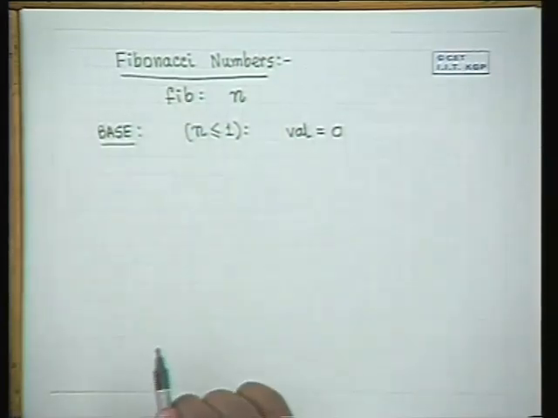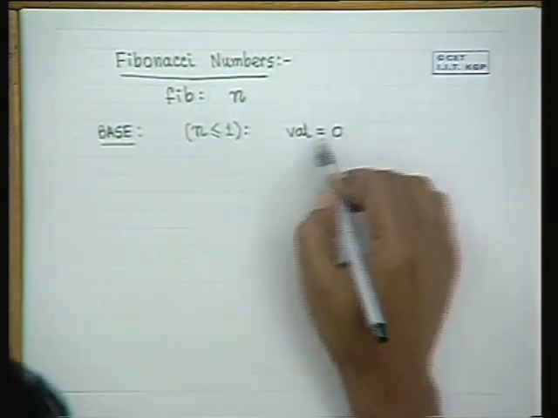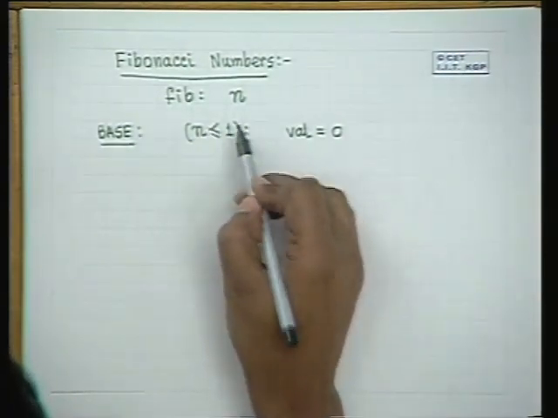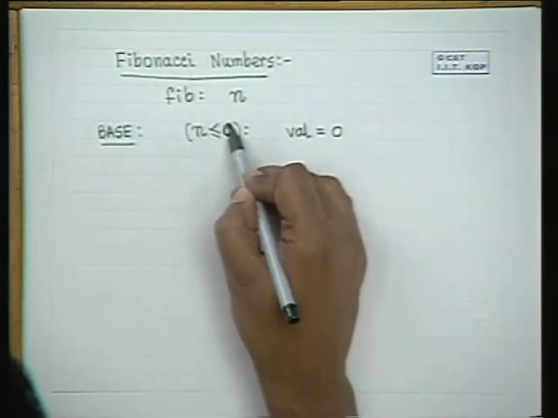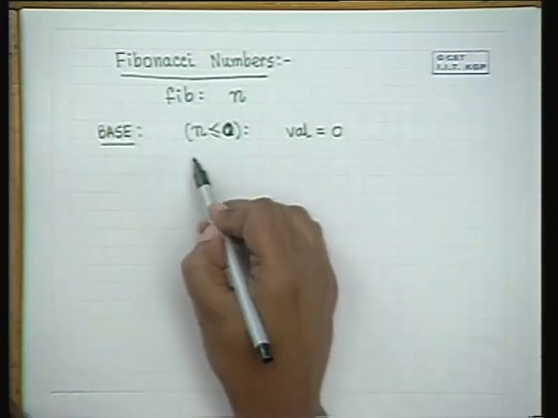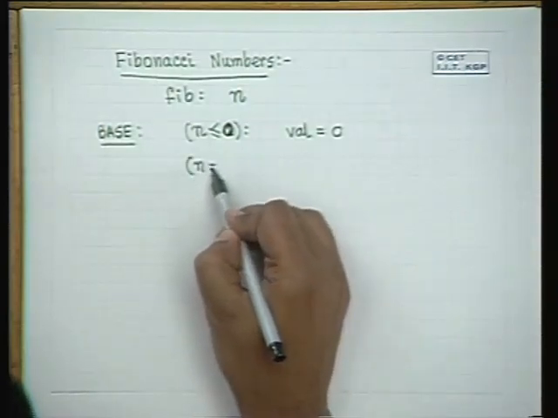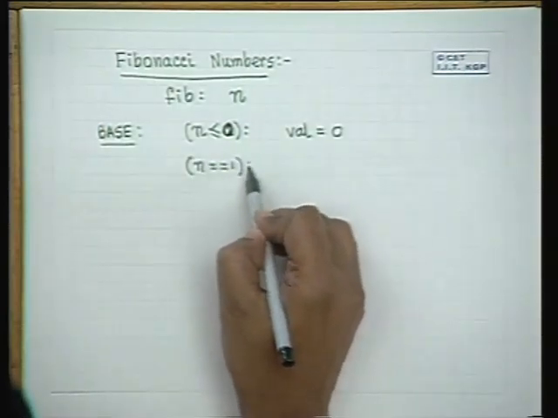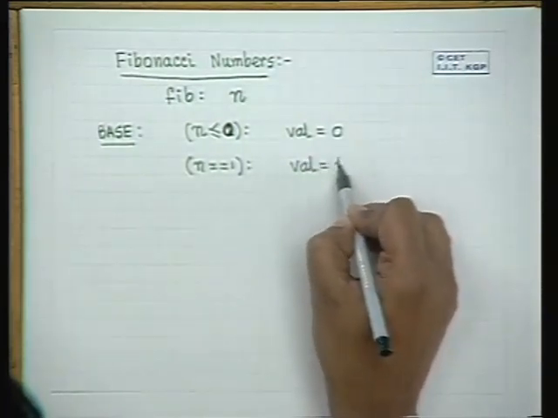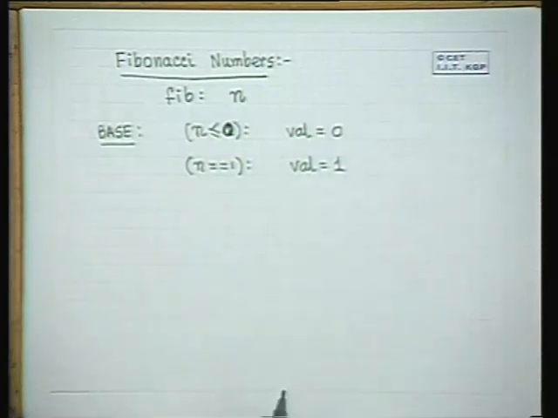Sorry, we have got two basis conditions, and when n is equal to 1, val is equal to 1. Okay. These are our two base conditions.